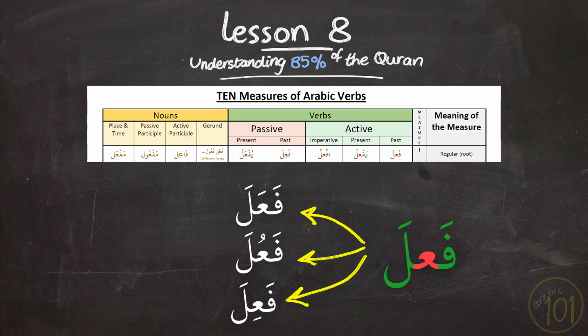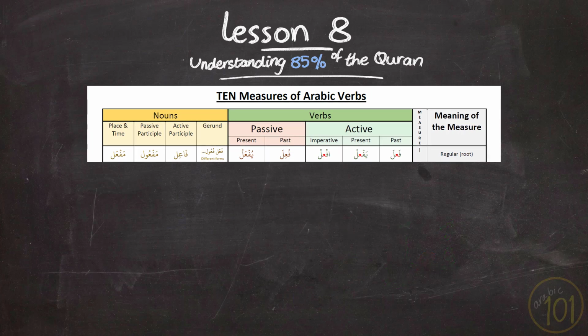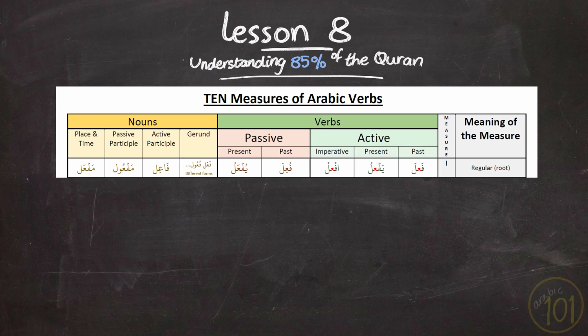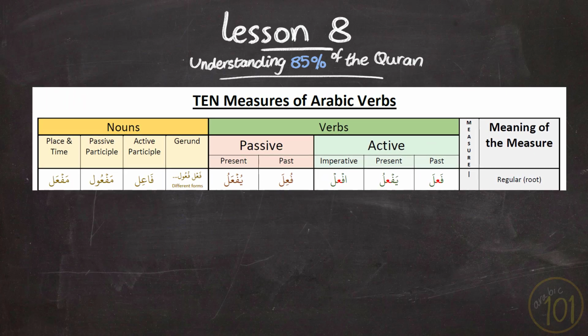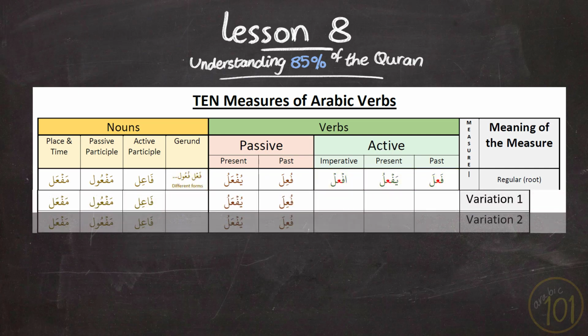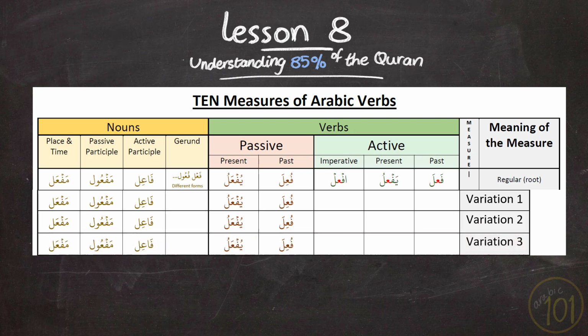Let's see an example to understand how this concept works. In the original chart, we see some patterns with red letters and others without. The ones with red letters will take different short vowels, and the ones without will remain the same for all verbs that belong to form number 1, so they will not change.